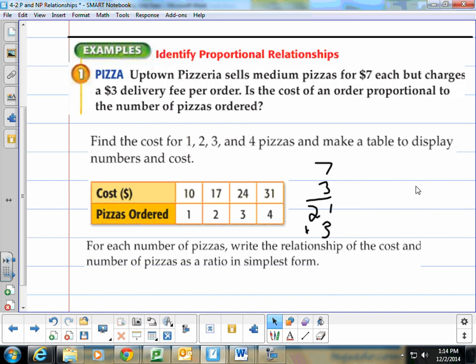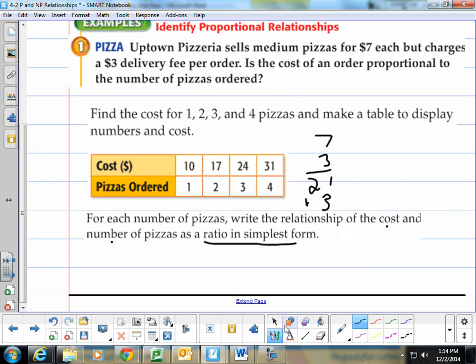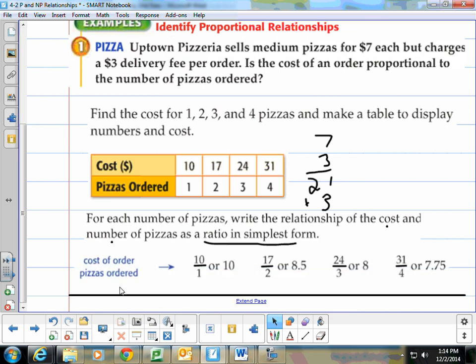For each number of pizzas, you're going to write the relationship of the cost and the number of pizzas, and you're going to write them as a ratio in simplest form. Notice they're saying cost and number of pizzas, so we're going to record those things in that same order: cost over the pizzas ordered. It's $10 for 1 pizza, which simplifies to 10.